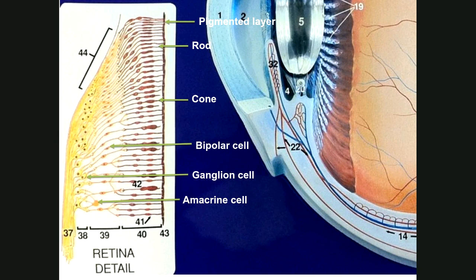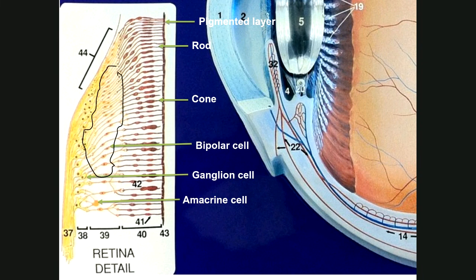But when we look here, we can see rods. So these are rods. And we can see cones. Those are cones. They connect to another type of nerve cell, these, which are called bipolar cells.